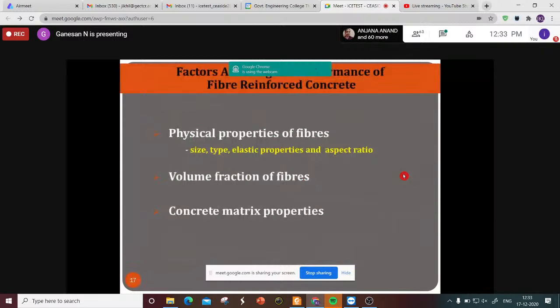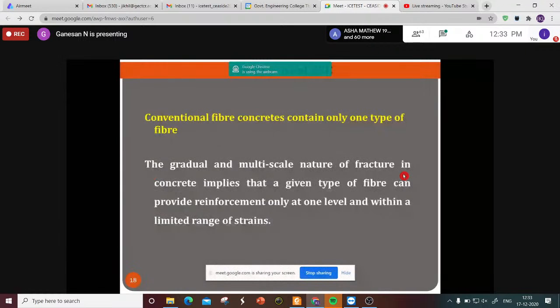So the various factors which affect fiber concrete are the physical properties of fibers, size, type, elastic properties, aspect ratio and so on, volume fraction of fibers, and concrete mix properties. When you look at conventional fiber concretes, generally only one type of fiber is added.